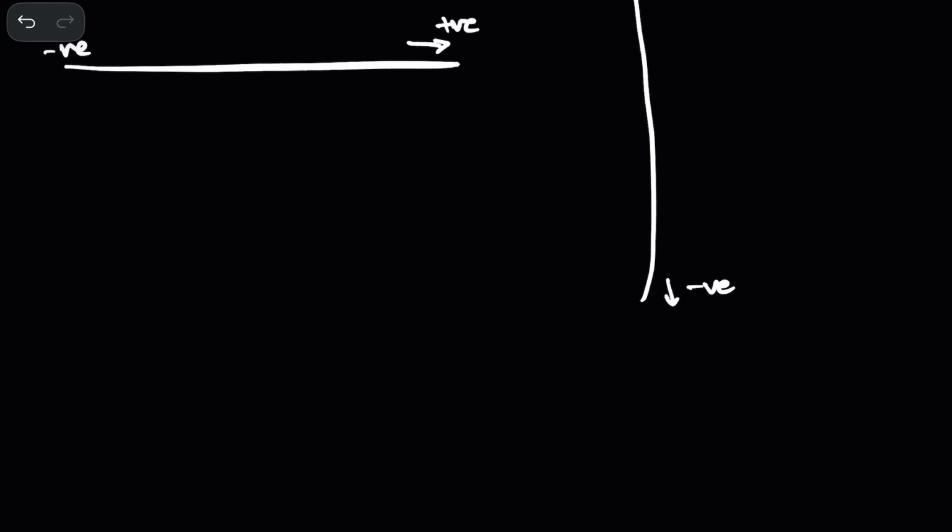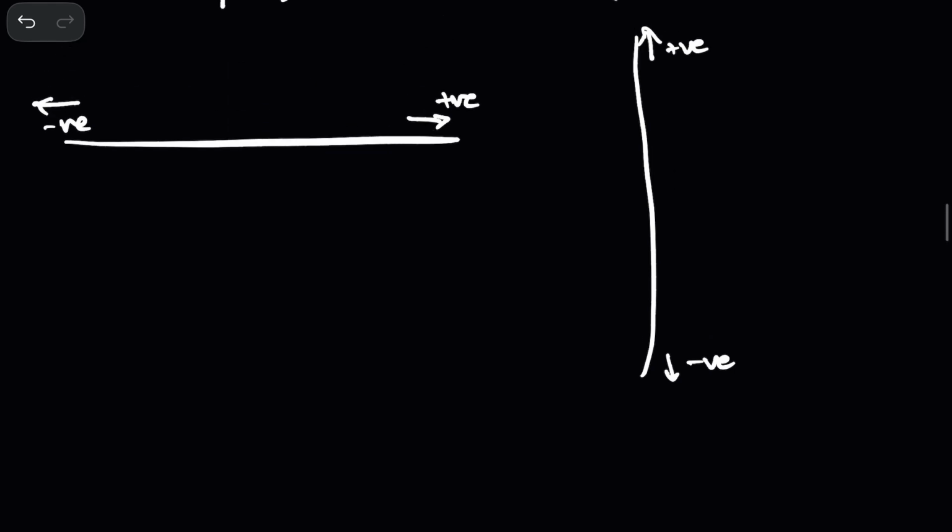Another person could choose differently. Let's say my friend comes along and claims, nope, I'm going to take the left as positive and the right as negative. And that is completely justified. You could choose either way. It's absolutely fine.